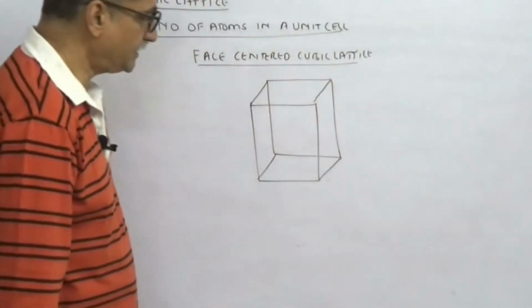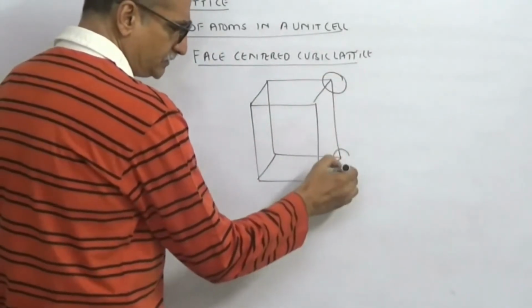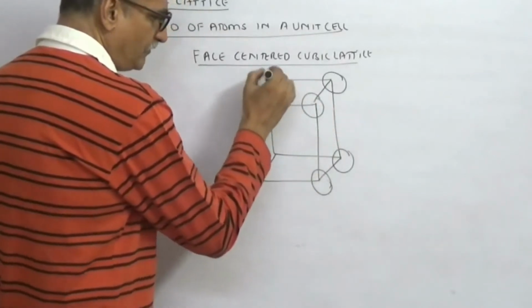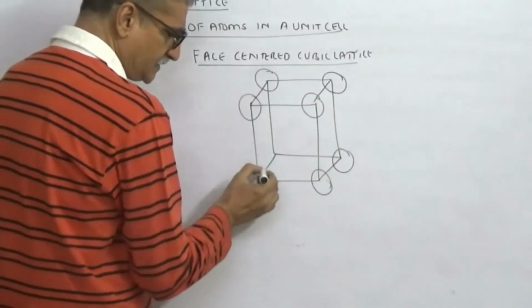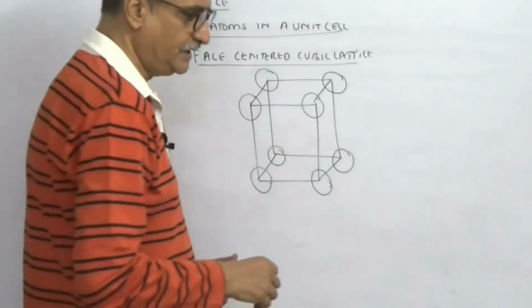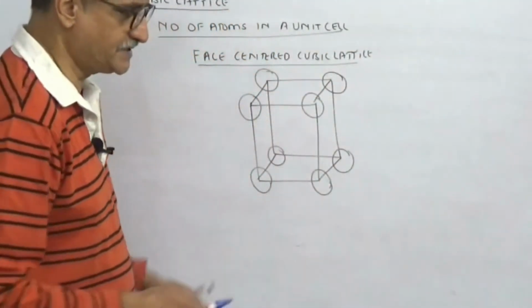Atoms are present in 8 corners: 1, 2, 3, 4, 5, 6, 7, 8. Where else are the atoms present? They are present in the 8 corners and the 6 faces.